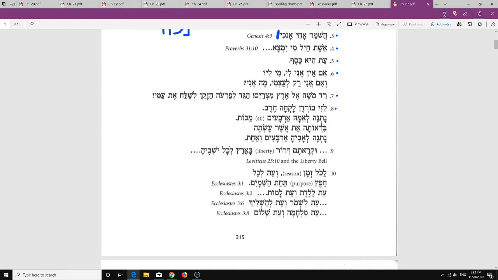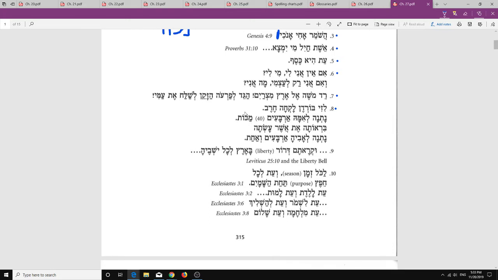Natnah, so she gave. Le'imah, to her mother. Arba'im, so you can see we have the word for 4 here, made plural. And when that happens, in this case it will be 40. So it becomes kind of a tens place, mathematically speaking. So arba'im makkot.